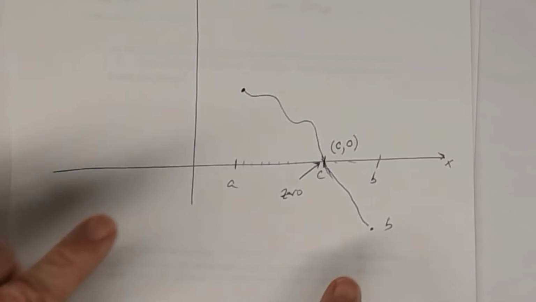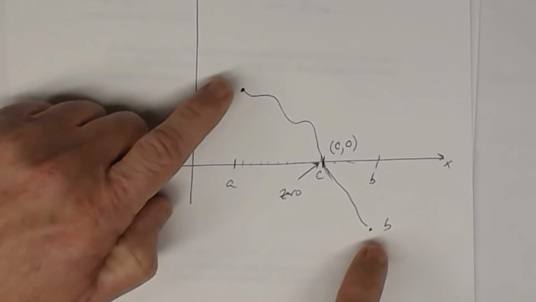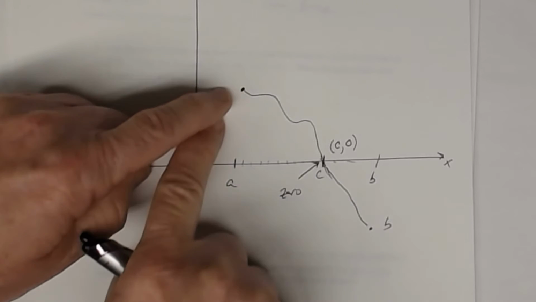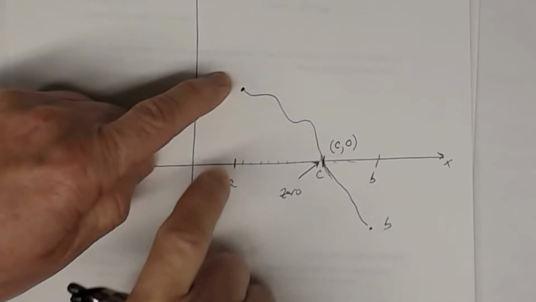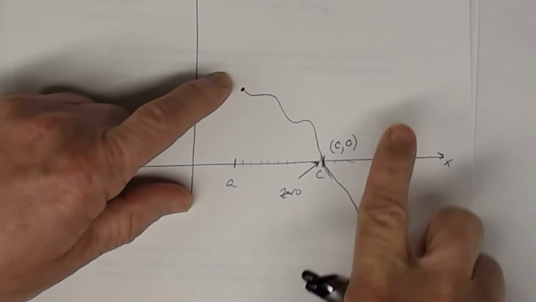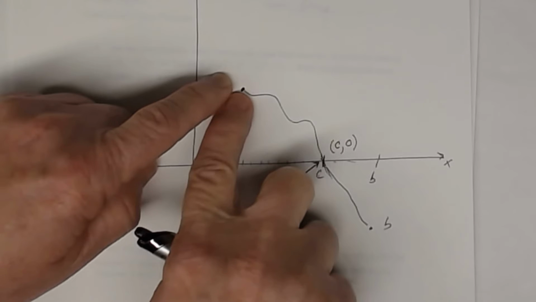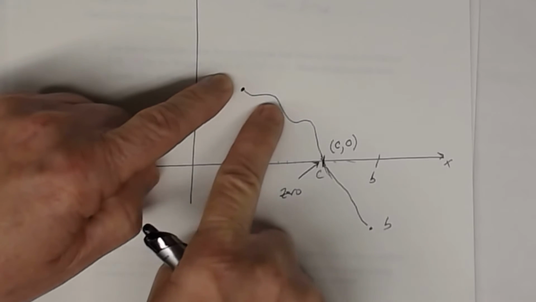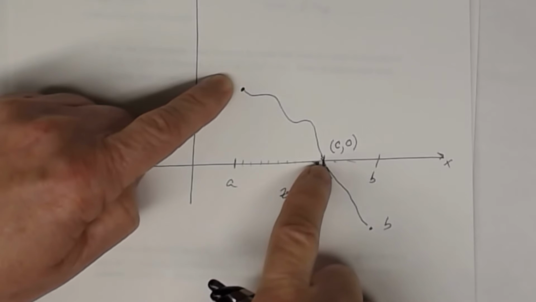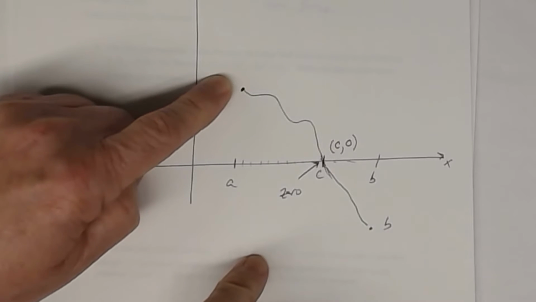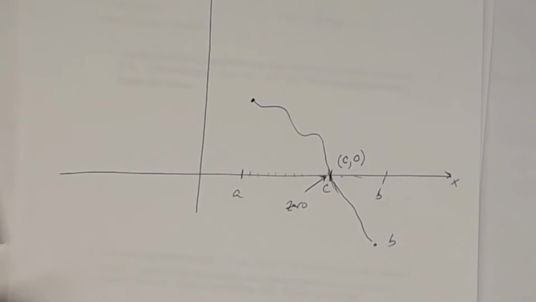So the intermediate value theorem guarantees that in the interval a to b, if at a one of your points is above the x-axis or below, and at b it's the other way, in this case above, in this case below, then there's going to be a 0 in the interval a to b for that function. And so that's what this worksheet's about.